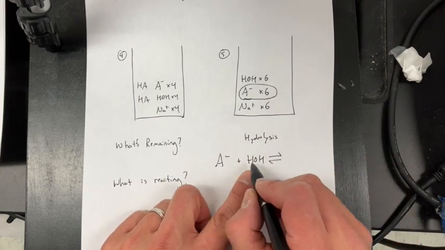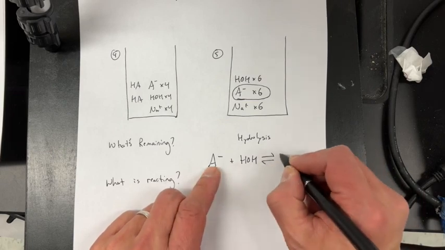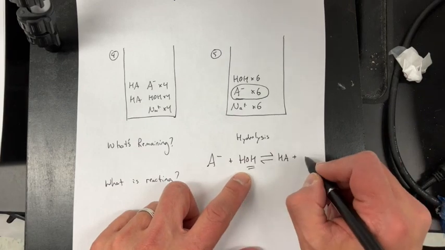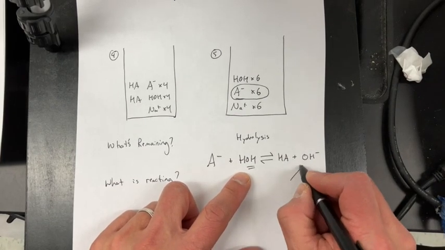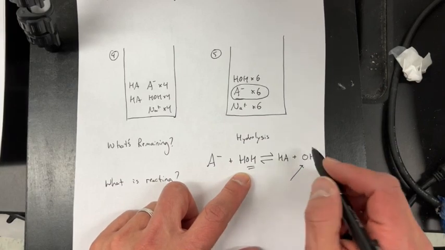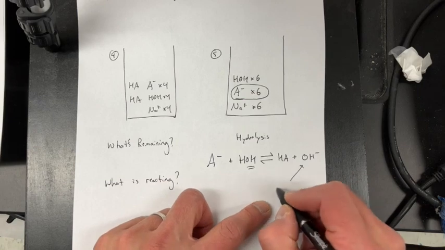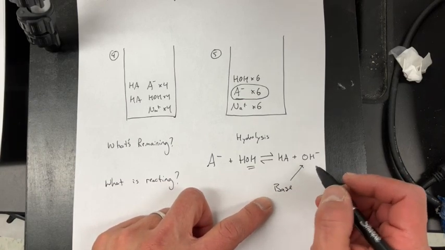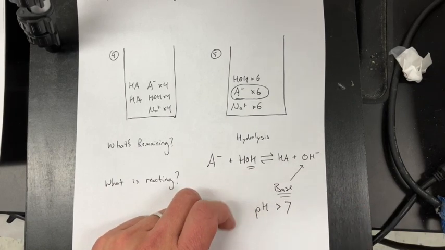And when A negative reacts with water, it's actually going to form HA again, plus what's remaining? OH minus. And because we have OH minus in solution, well, whenever OH minus is in solution, this is a base. It's a strong base. It's hydroxide.